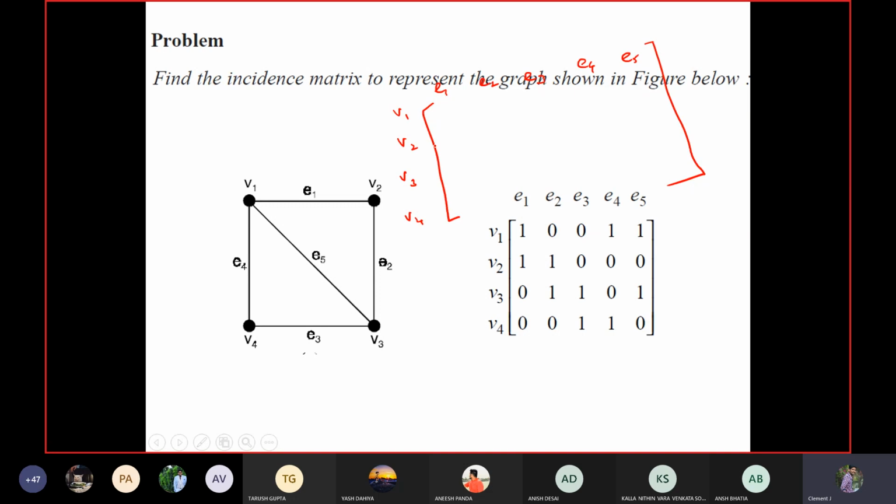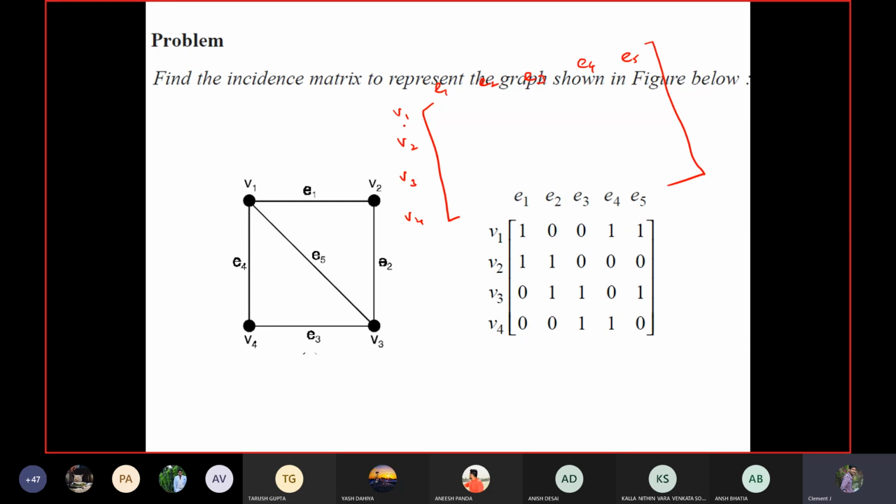In the adjacency matrix, if a vertex was adjacent to the row vertex you put 1, and for the remaining vertices 0. In the same way here, if an edge is incident with that vertex, you mention 1, and for the rest of the edges 0. The formal definition was given in the previous slide. First let us complete this matrix and then we will come back to it.